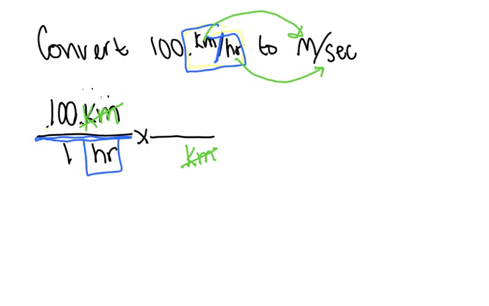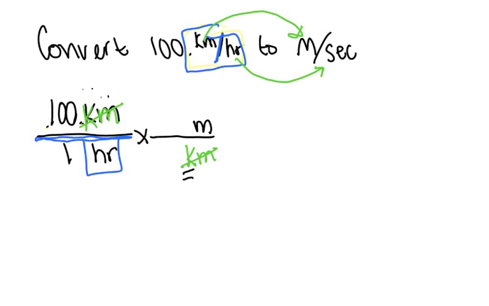Now, since kilo has a prefix on the top of the fraction, that means I'm allowed to go from kilometers to just regular meters. Now that I have my units in place, I can fill in the numbers.